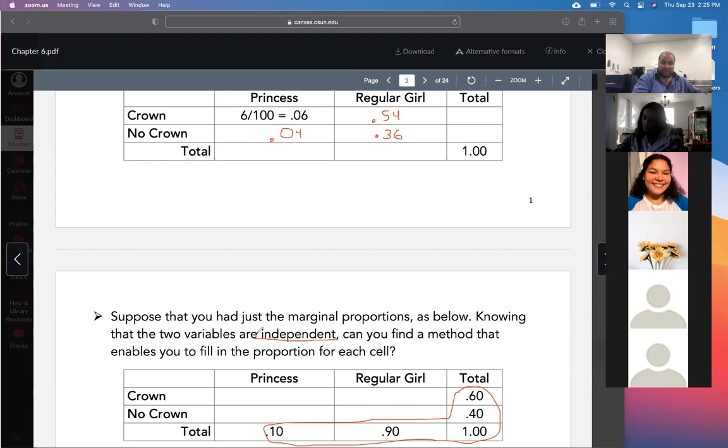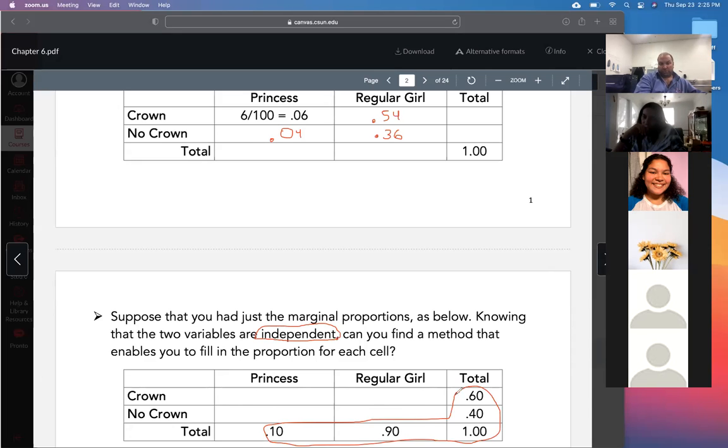Can I somehow, only with knowledge of the marginal values, the ones in the margin, and the fact that they're independent, use that information to figure out this one, this one, this one, and this one? Does anyone see a way of doing that for this example, at least?